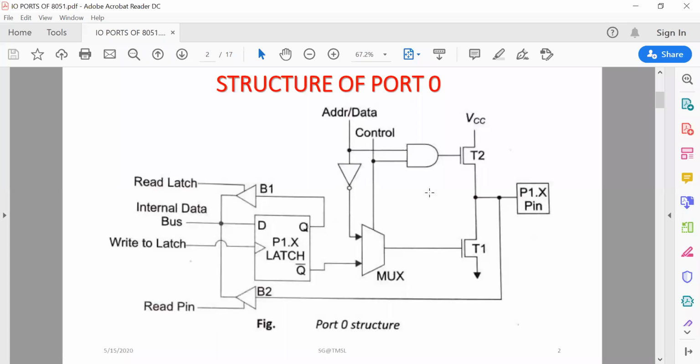And if it is 0, then this one will be off and T1 will be on, so it has logic 0. So these are the alternate functions.